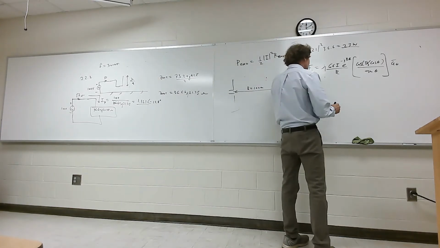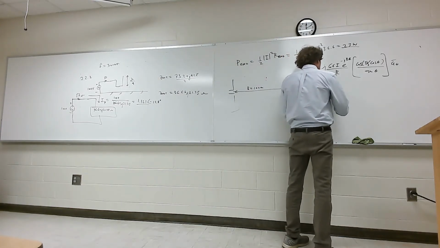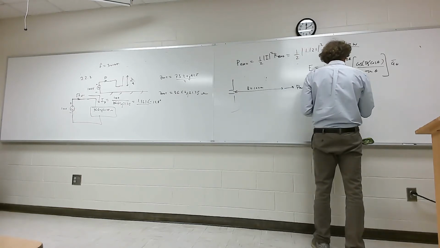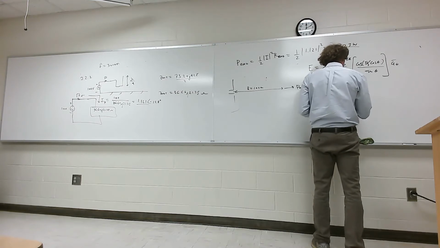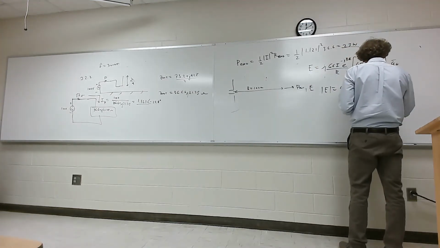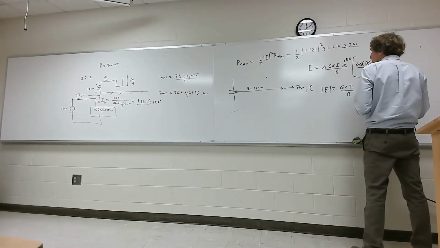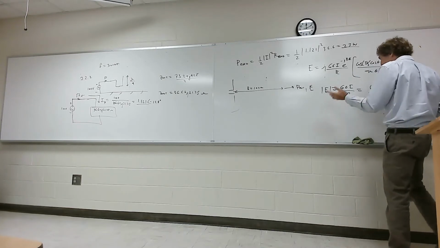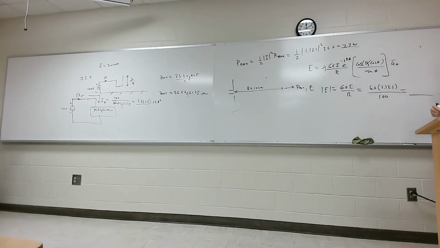Therefore, the magnitude of the field is just equal to 60 times I over r. And that's going to be 60 times 1.121 divided by r of 100. This is one way to get it. What's the electric field? Do it this way.